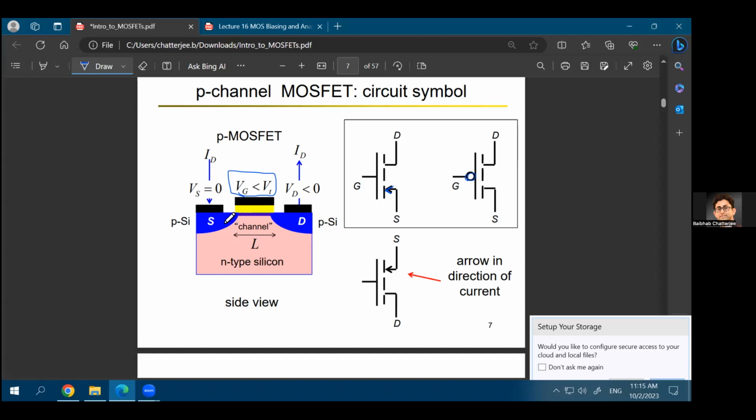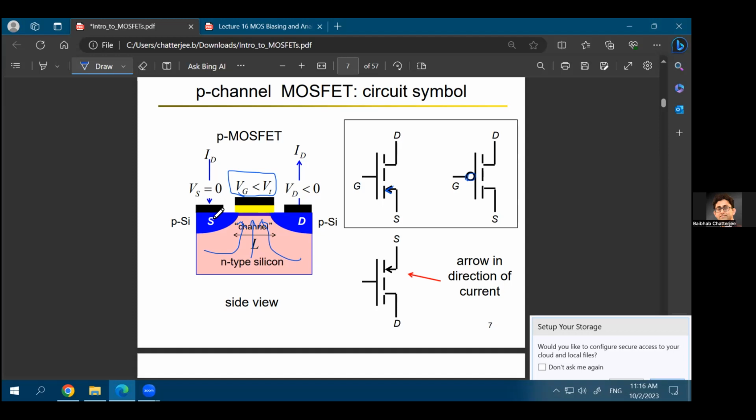And in this case, because you want to create your flow of current using holes, which are positively charged carriers, you need to attract more holes from the body to the region just below the gate. That means you have to apply a negative voltage at the gate so that you attract more and more holes, which means that there would eventually be an excess of holes just below the gate.